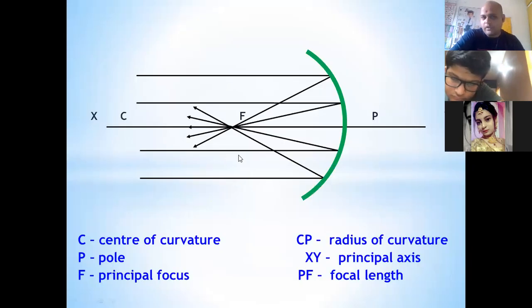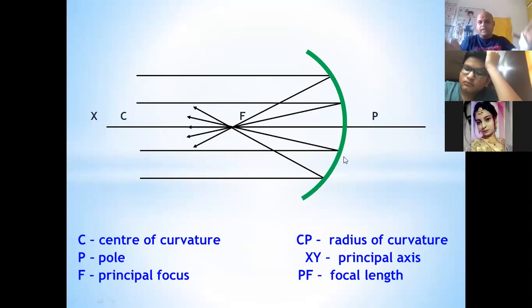Center of curvature, we have discussed this one already, right? Now, if I put these 2 points, we know that a concave lens or a spherical lens is basically a part of a big sphere, है ना? That we have done. What is the center of curvature? It is the center of the actual sphere of which the lens is part of.